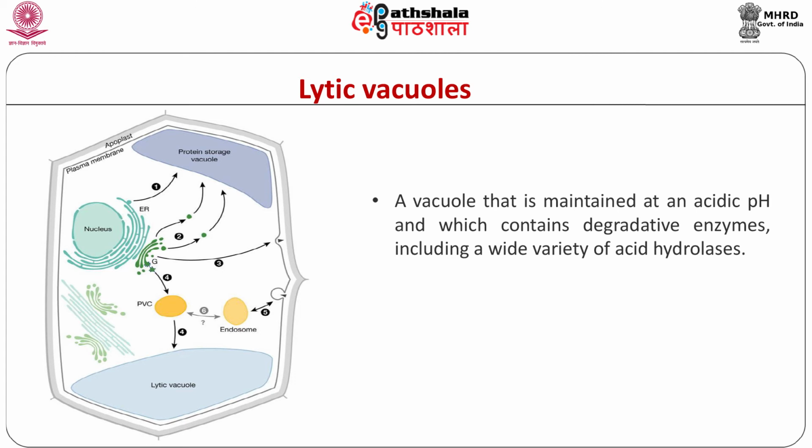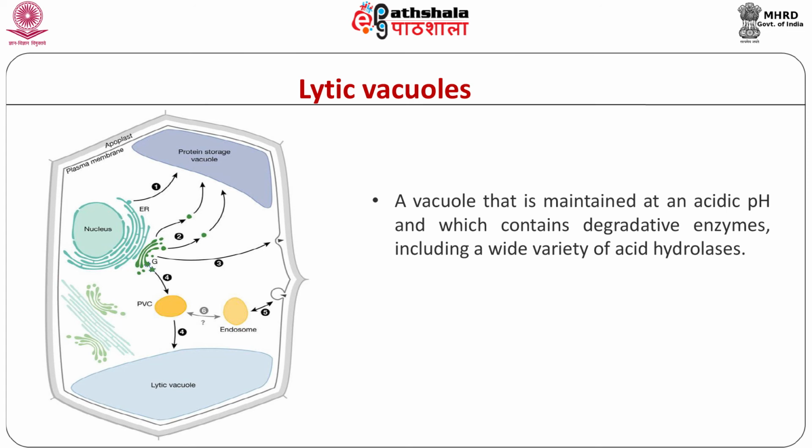Endocytosed materials and recycling plasma membrane proteins are internalized into an endosome-like compartment, shown by route 5, which might transfer material to fuse with or mature into the PVC.